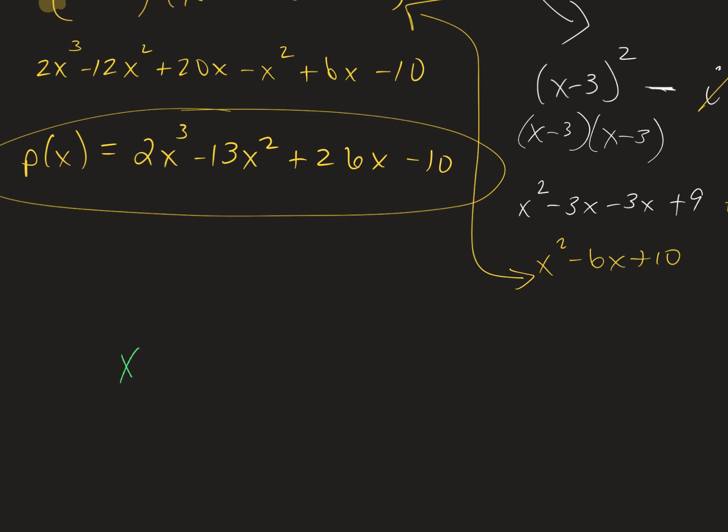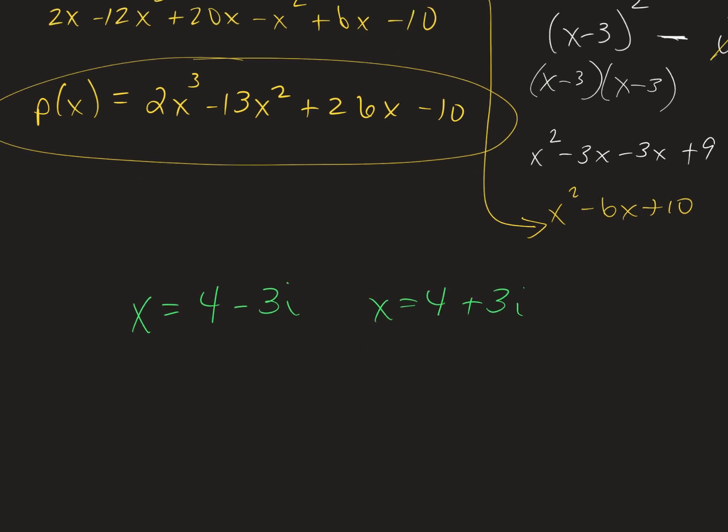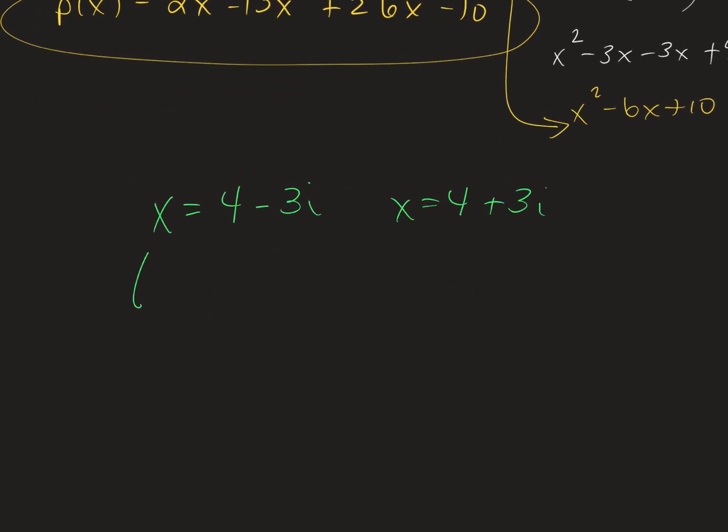Say you have x equals 4 minus 3i. Okay, if I have x equals 4 minus 3i, what else do I have? X equals 4 plus 3i, right? So if I'm going to multiply these two together, I'm bringing this whole thing over here.